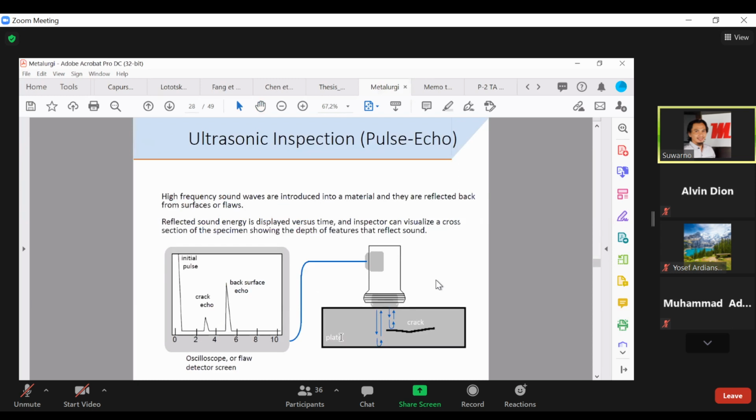Yeah, this is the last, I think, the ultrasonic method. Basically, it does not use any electricity or any magnetic field, just ultrasonic waves. You know that ultrasonic waves have a special wavelength range, and basically it's kind of a radar technique.